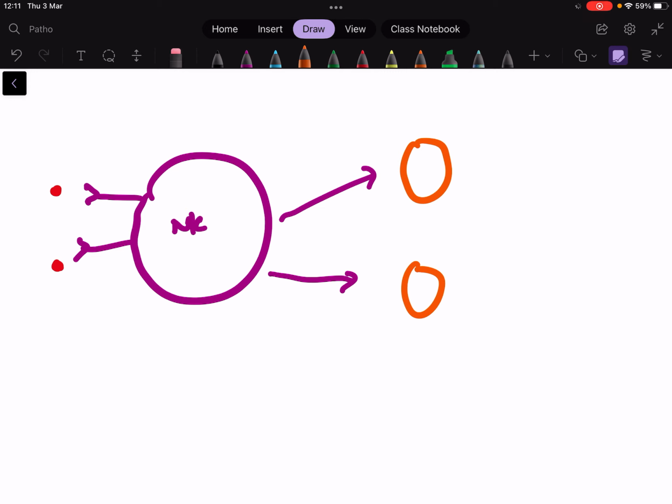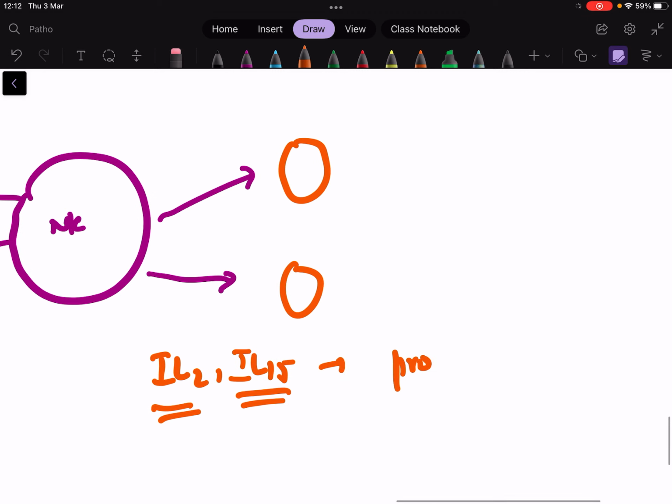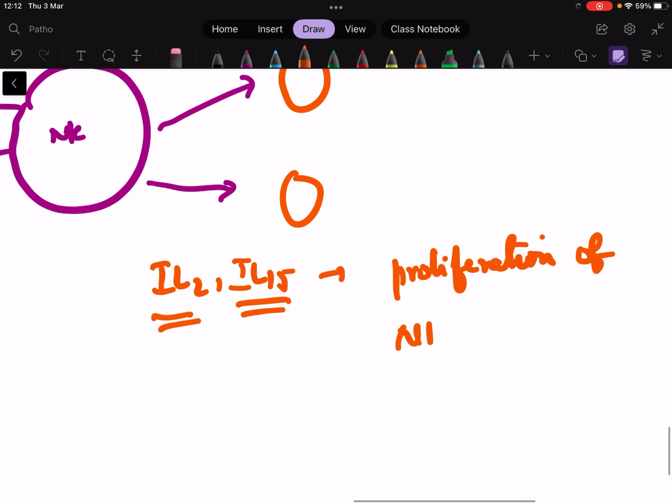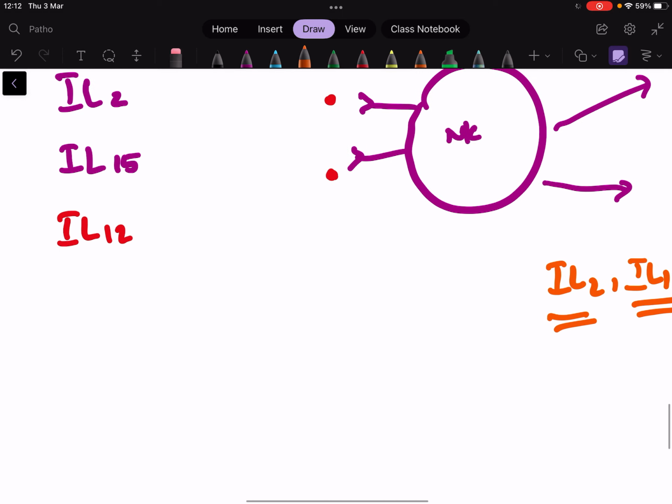So basically interleukin 2 and interleukin 15 are helping in proliferation of NK cells.